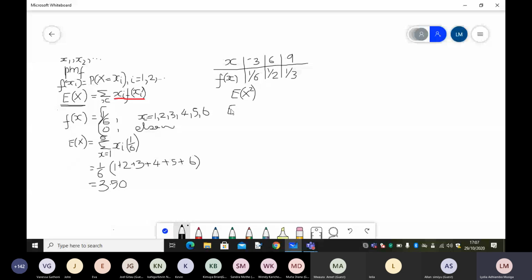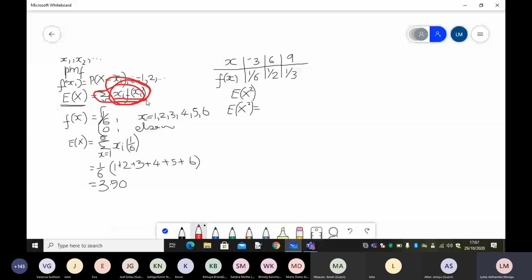So to get the expectation of X, the random variable we are considering is discrete, and we know it is given by the summation of x_i f of x_i.